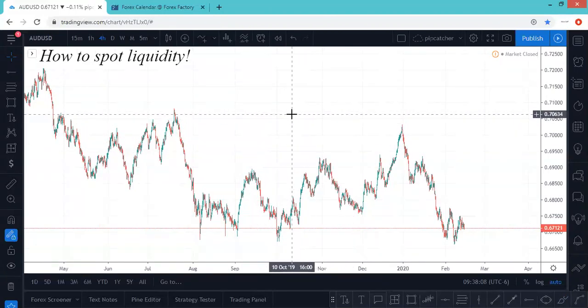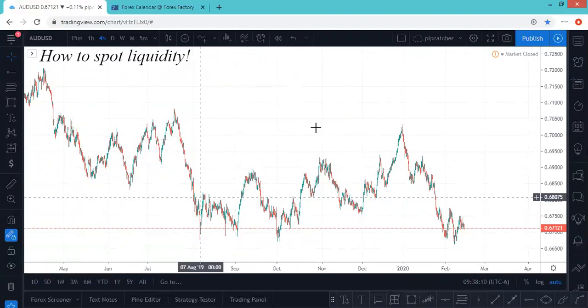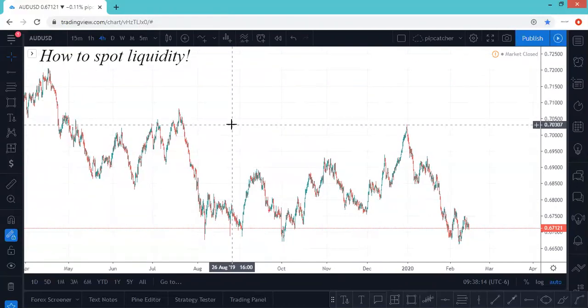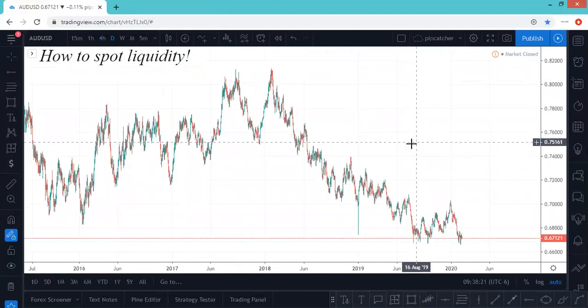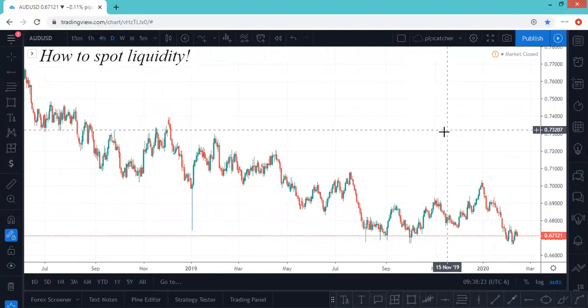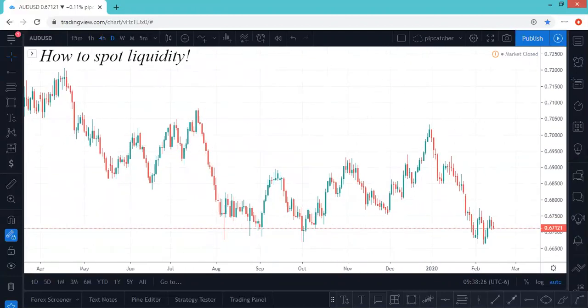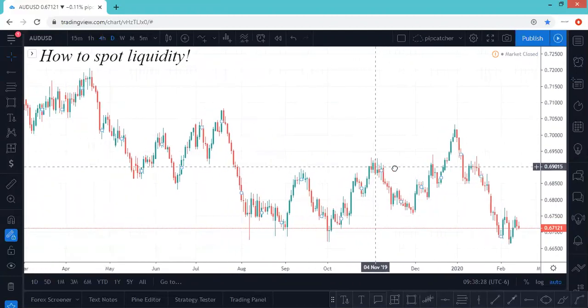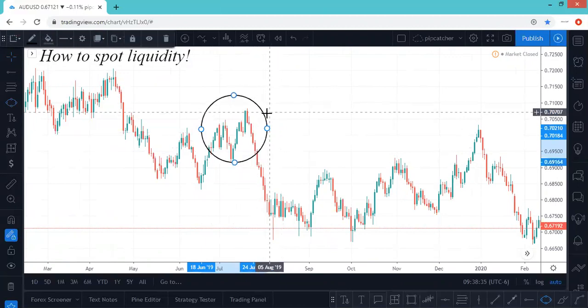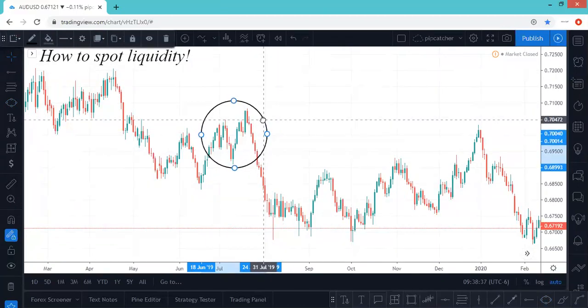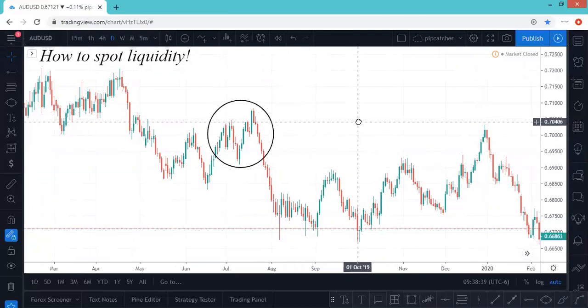and equal lows. So on this first example right here, we have AUDUSD, and a past move that we actually caught. If we go to the daily time frame here, in this area in general was this past move that we caught.